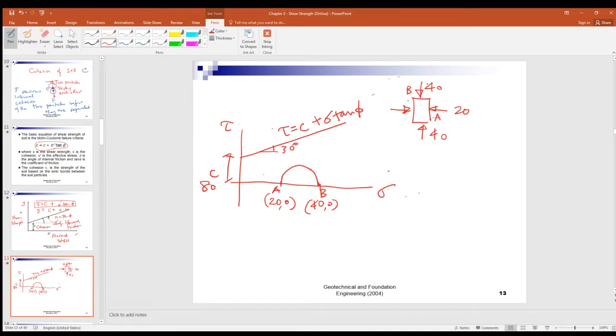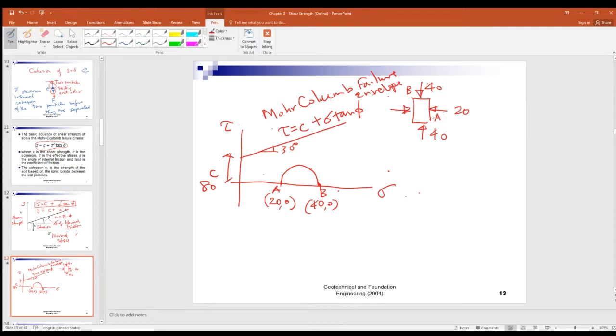What's the conclusion here? Because the Mohr circle drawn here is well below this Mohr-Coulomb failure envelope, this straight line is the limiting strength of the soil.